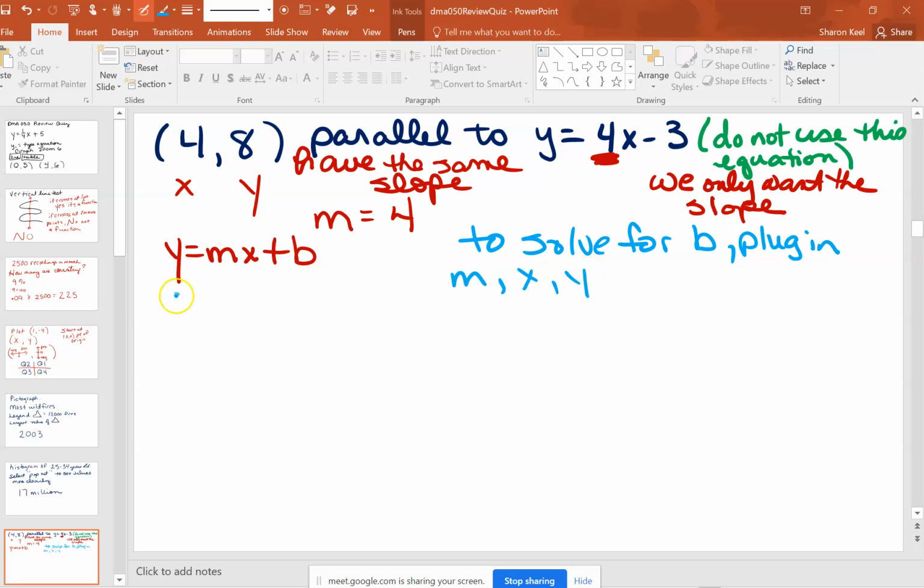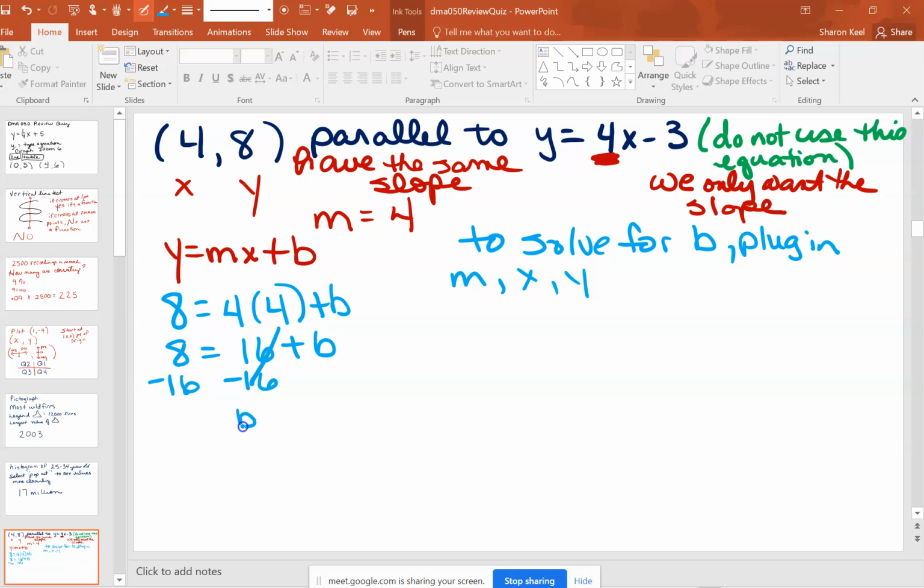So y is an 8, m is a 4, x is a 4, and then plus b. I plugged in these three values. So 8 equals 4 times 4, which is 16, plus b. To get b alone, we move our 16 to the other side, and b is equal to -8.